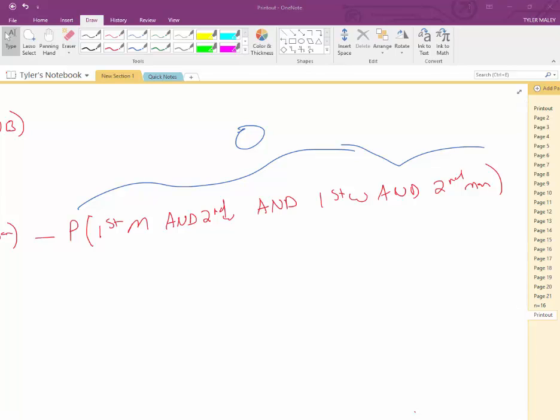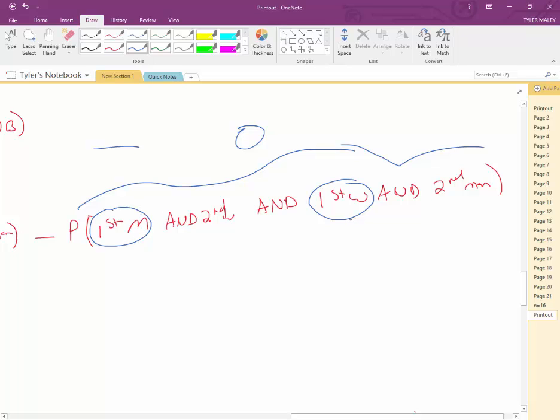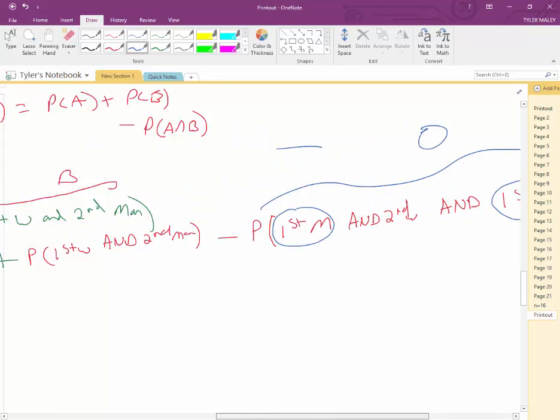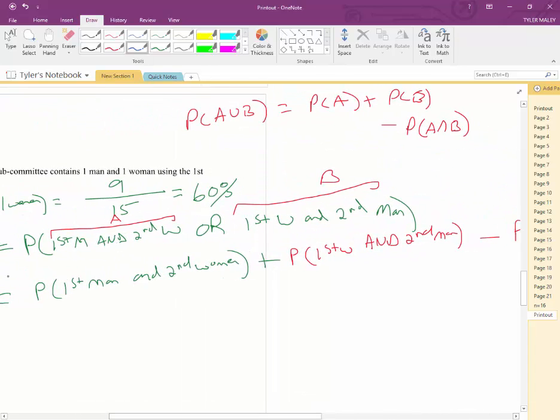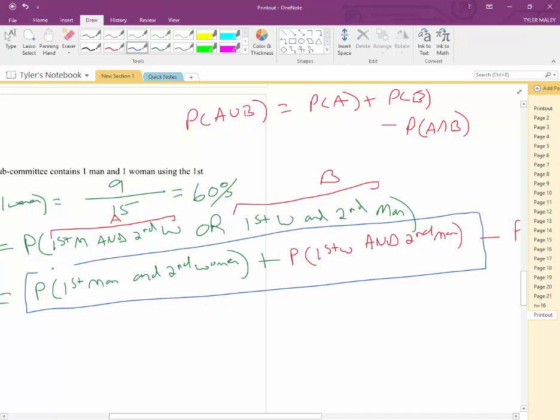And again, the reason why this makes sense is because if the first person is a man, then that person cannot also be a woman, right? So it's either one or the other, so that's why that's just 0. So really what we need to focus on is this part, right? Since these are disjoint events.